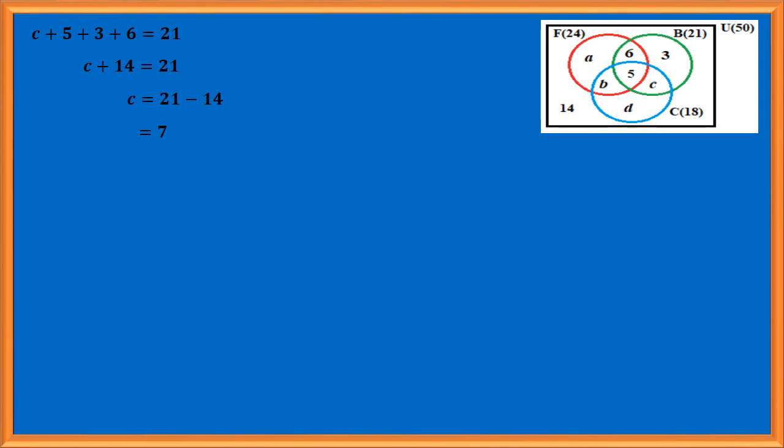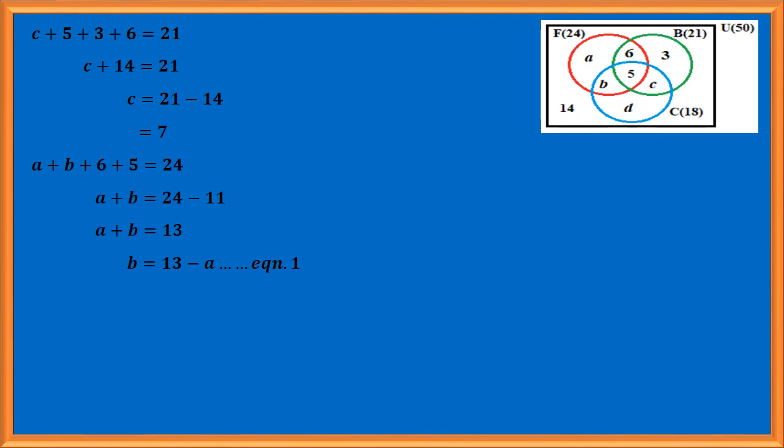From the red circle too, which represents football, we can also have A plus B plus 6 plus 5 equal 24 here. So grouping like terms, we'll have A plus B equal 24 minus 11. That gives us A plus B to be 13. We can equally make B the subject here, so that B will be equal to 13 minus A, and we can label that as our equation 1.